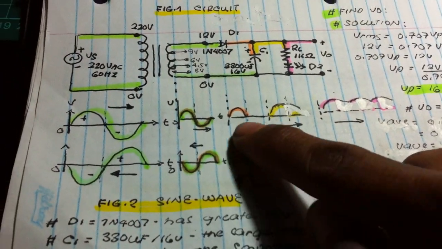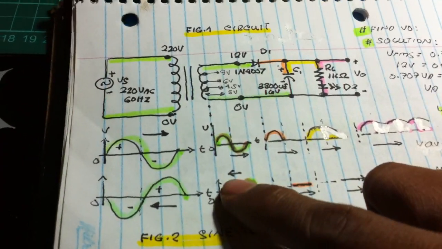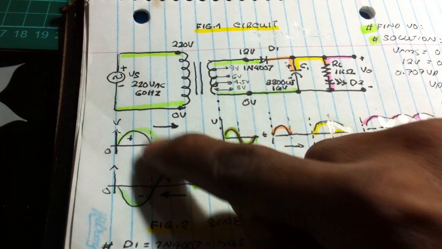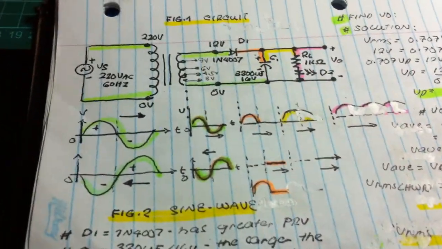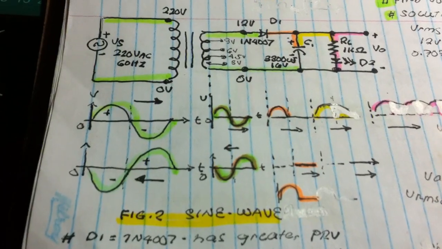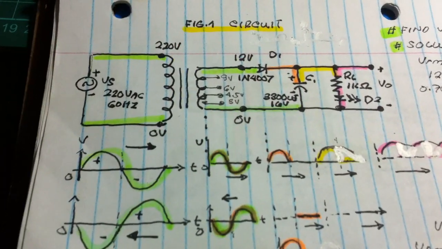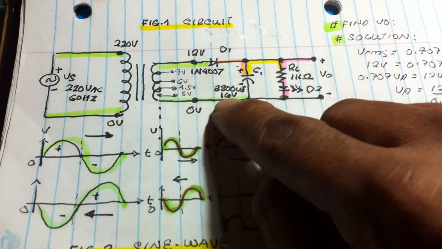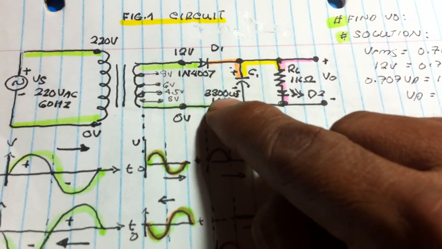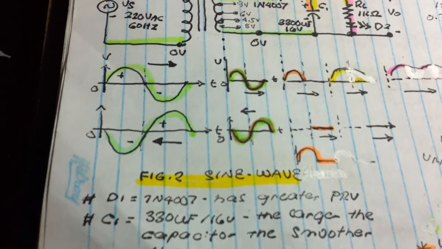So this is now what happened to the reversal direction of the AC waveform. That is the behavior of the AC waveform. I'm using 1N4007 and 3,300 microfarad, 25 volts, that's not 16.